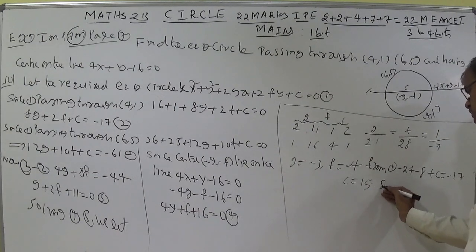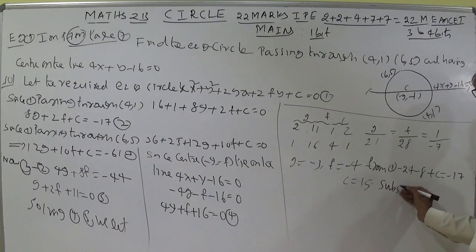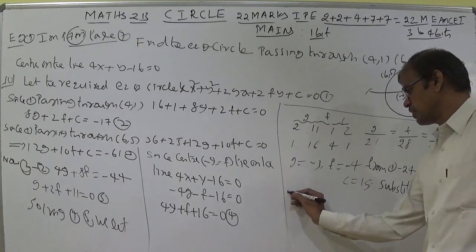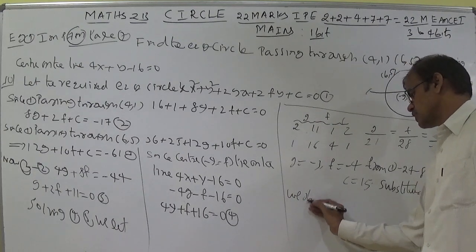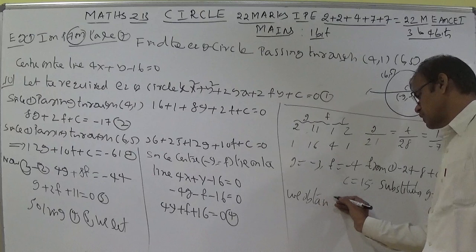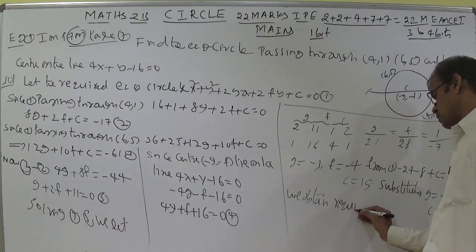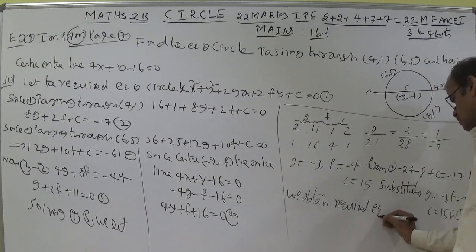Now substituting g is equal to minus 3, f is equal to minus 4, c is equal to 15 in 1, we obtain the required equation of circle.